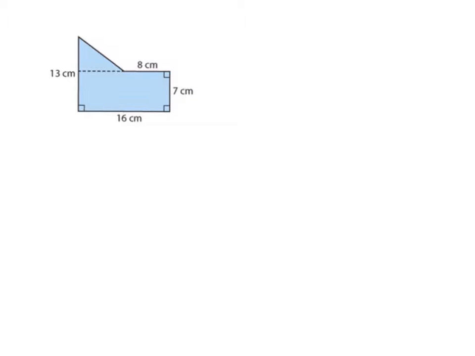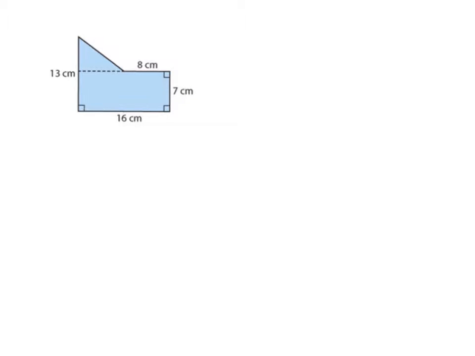What I have to do is find the area of the triangle, and then find the area of the rectangle. It's two steps, and then I have to add them together. That's exactly what we're going to do.